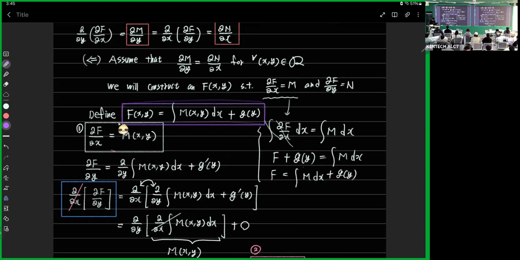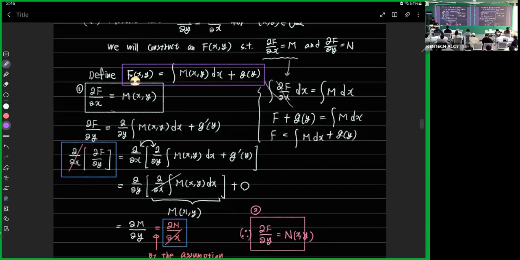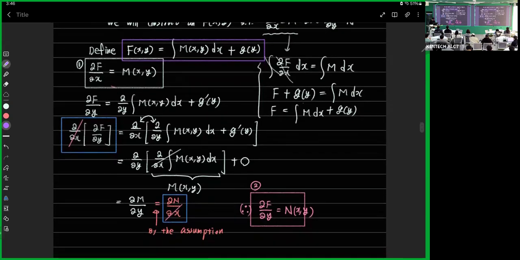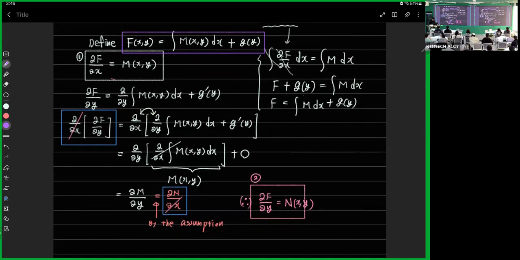So if you want to solve the exact differential equation, you need to take the integral of M and then add g of y. And then you have to find g of y by taking the derivative of f with respect to what? X. Oh, sorry, y. I'm sorry, y. This one.